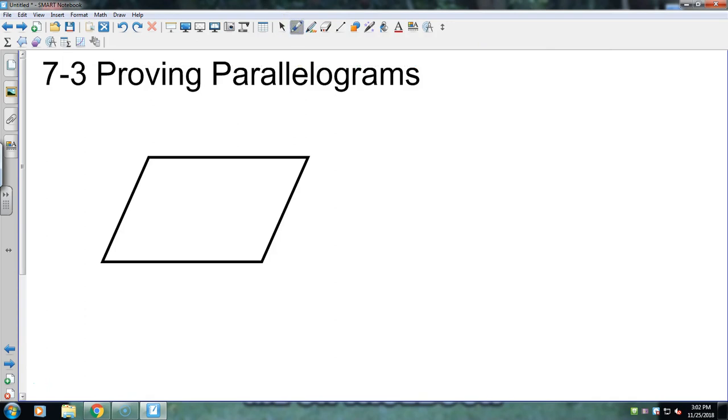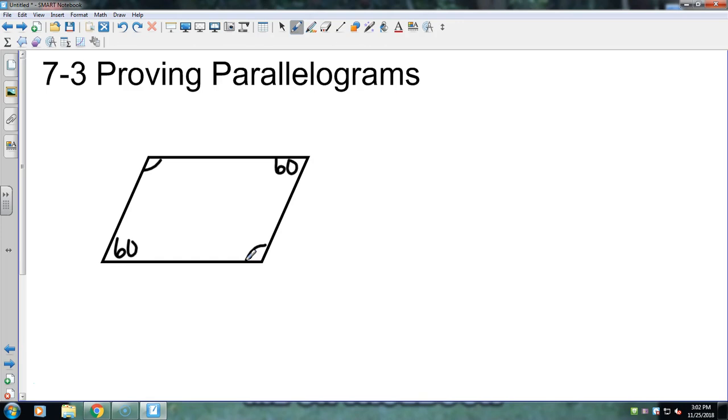So let's say I have a shape that very much looks like a parallelogram. And let's say these are 60 degrees and these are congruent. Okay, so that tells me that my opposite angles of my quadrilateral are congruent, which makes this a parallelogram.